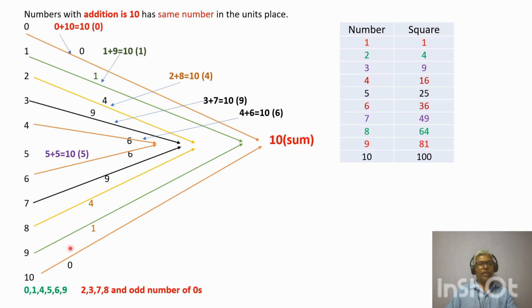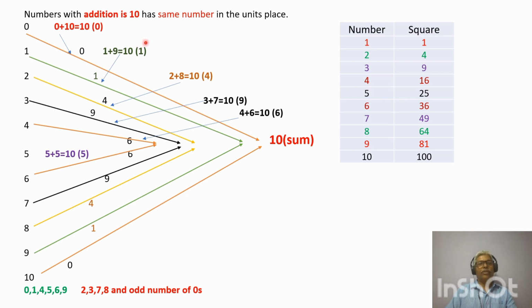0 plus 10, the addition is 10. When the addition is 10, it is very easy to remember. The square ends with 0, that is, the unit place is 0. 1 plus 9: the sum is 10, so the unit place is the same.